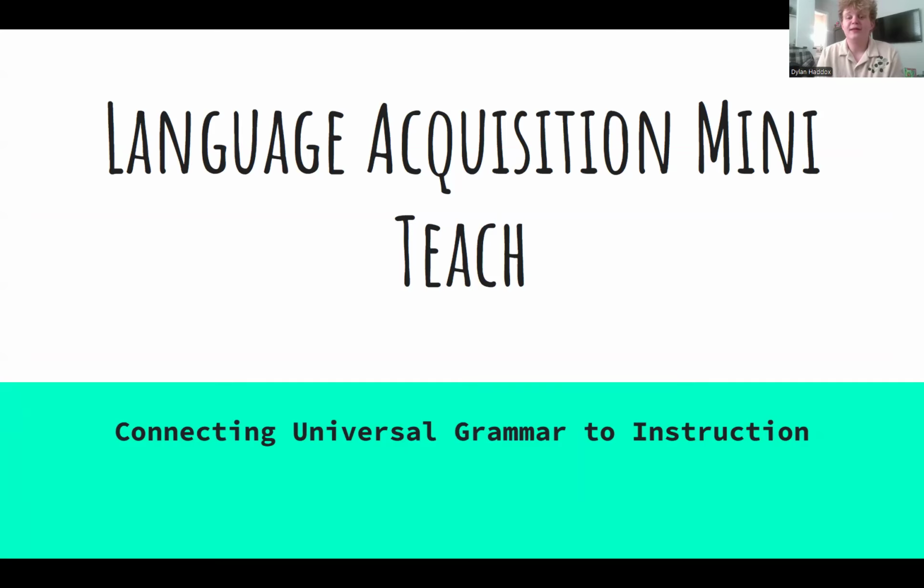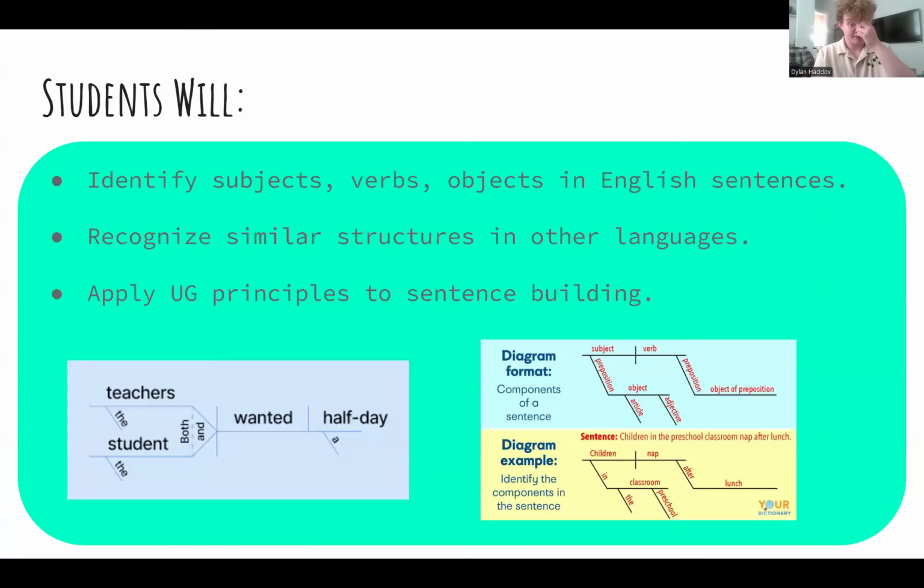And now on to my language acquisition mini teach. For the first part of this lesson, I wanted you guys to identify objects, verbs, and subjects in English sentences, recognize similar sentence structures in other languages, and apply universal grammar principles to basic sentence building.